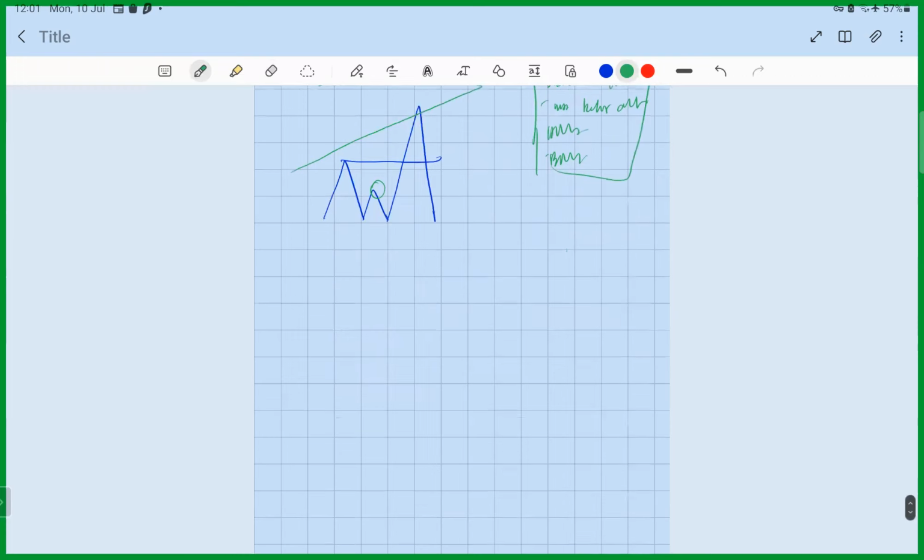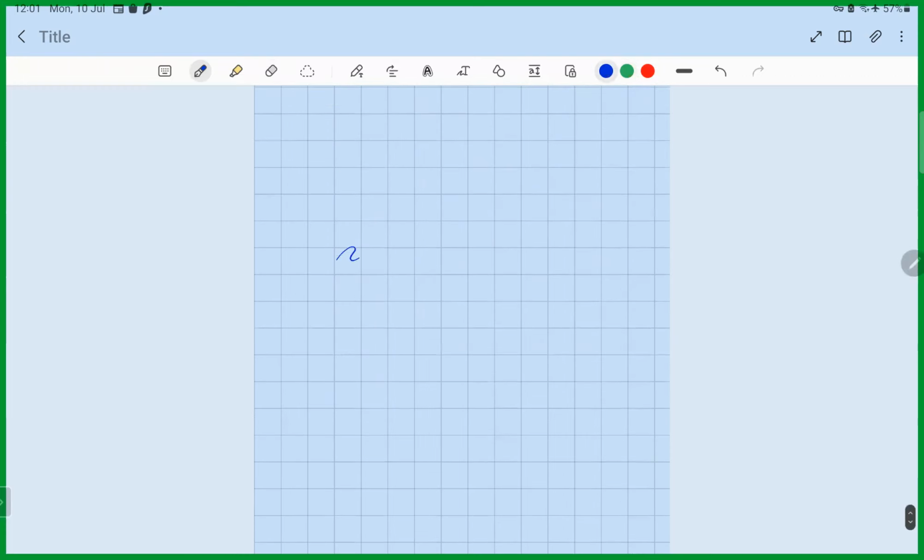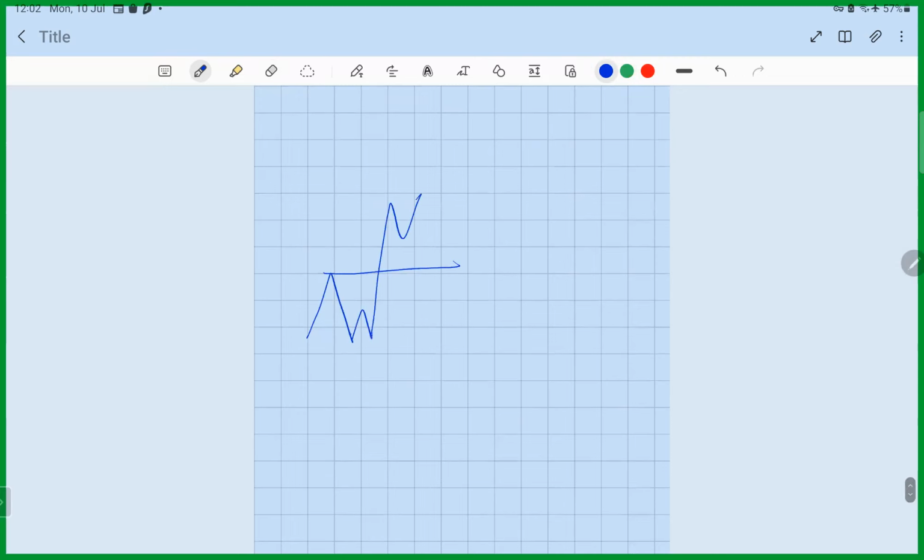Oh, pop quiz. When this happens, and then you have a trend line down here, do you enter at A, B, or C? C. Why? Because this type of SNR, you have to enter at a trend line.